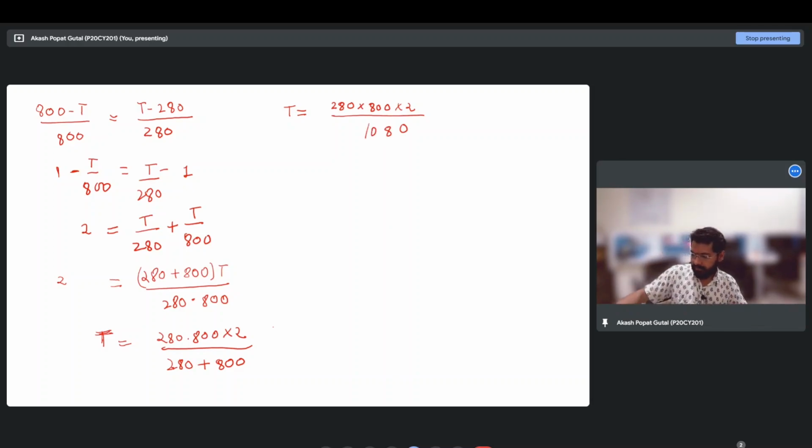We calculate it. If you calculate the same, this will come out to be 412.61 Kelvin.